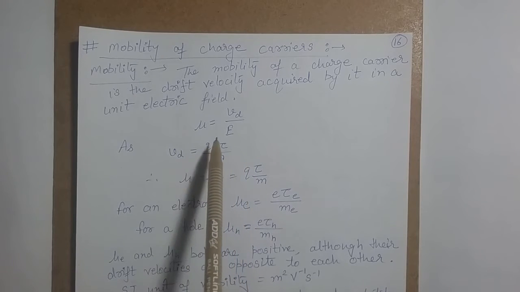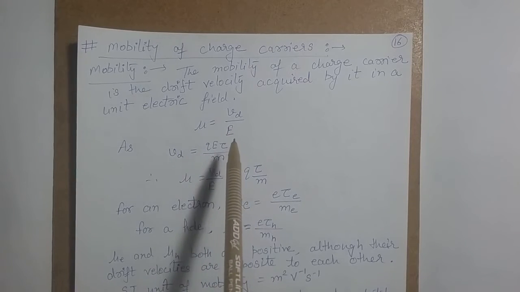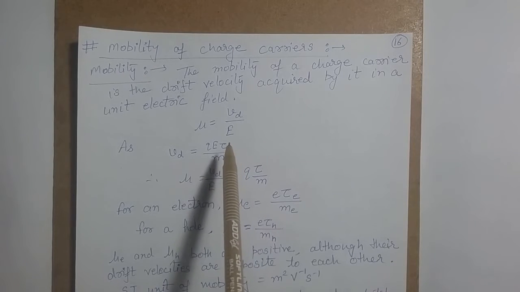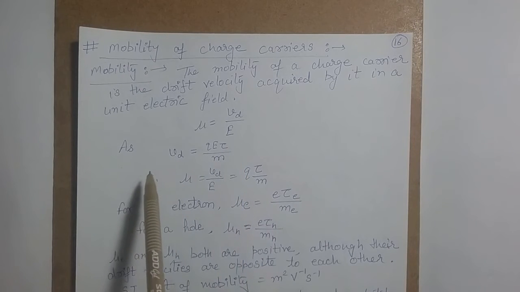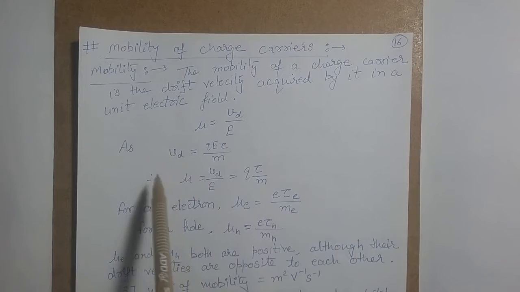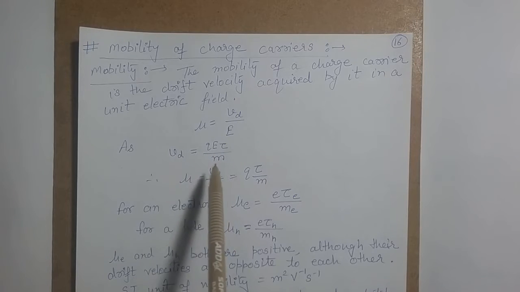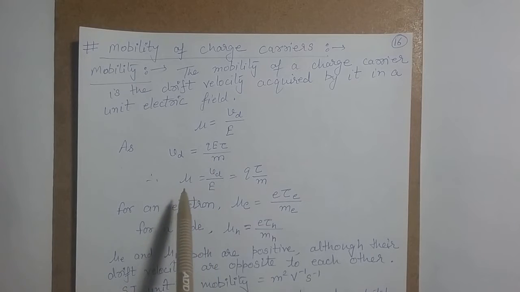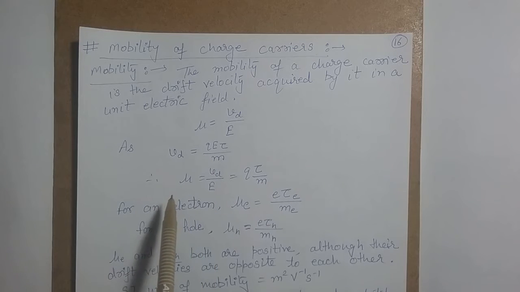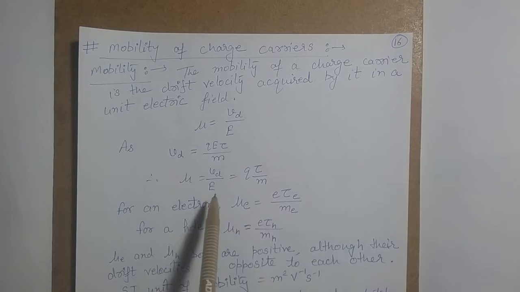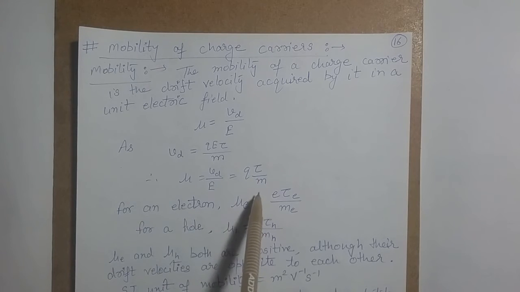So mu is equal to Vd upon E. As we know that Vd is equal to E tau upon m, where q is the charge, the mobility for the charge carrier will be Vd upon E, and that is q tau upon m.